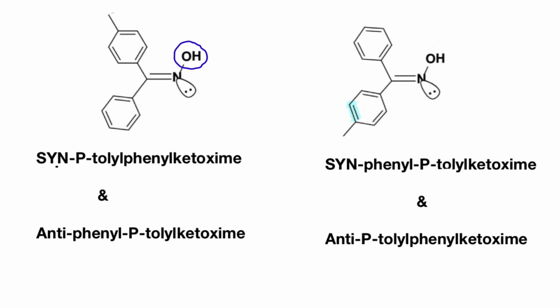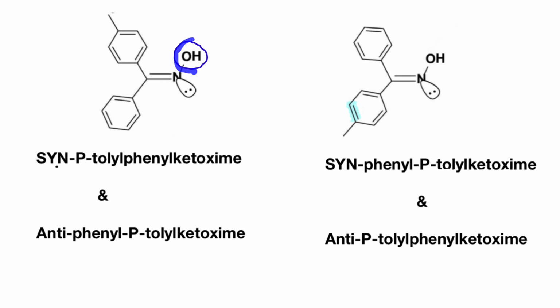You check which group of the oxime carbon is on the same side and which group of the oxime carbon is on the opposite side. If you want to give the syn name, take the OH group, and check which group is on the same side. And the name of this group is para-tolyl and the name of this group is phenyl.